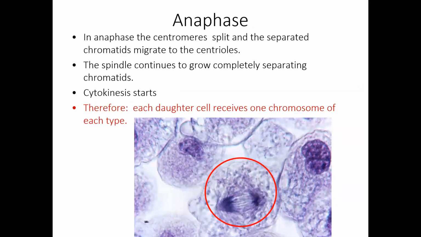Okay. Anaphase, easily the most visible. With anaphase, we see the chromosomes being pulled apart to opposite ends. This is the fastest, the shortest of all the stages of mitosis. We also see what's called cytokinesis starting here.